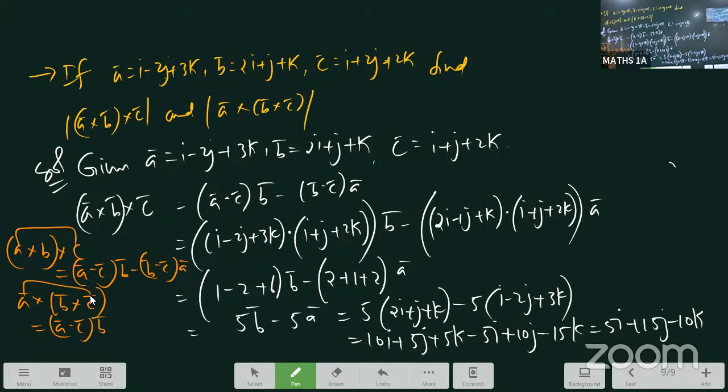Always extremes. Is it clear? Minus (A bar dot B bar) into C. So always you should go for your extremes. These are your two formulas.